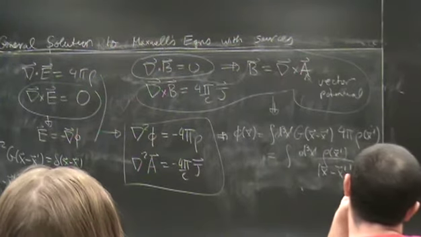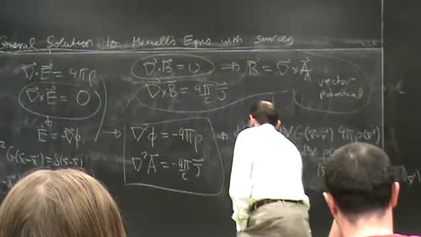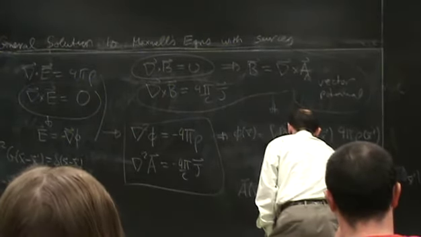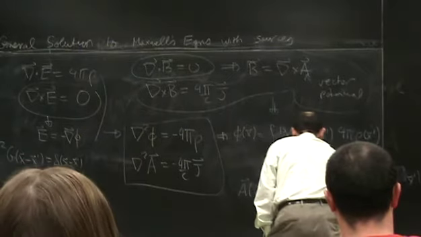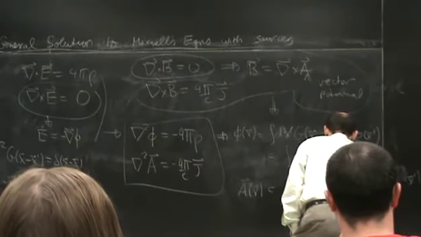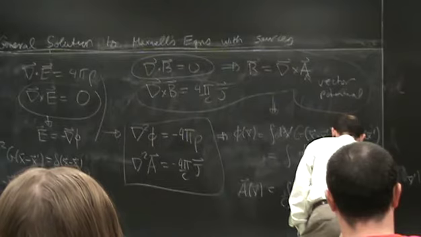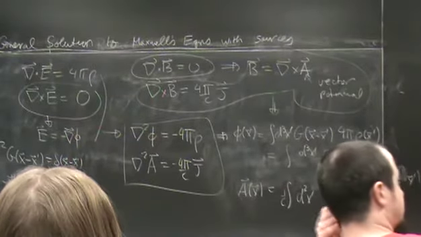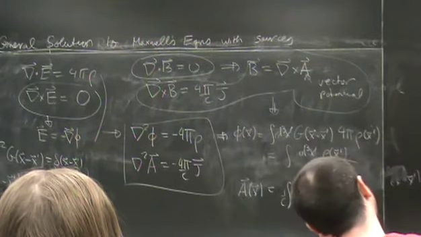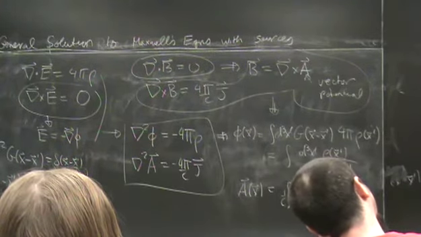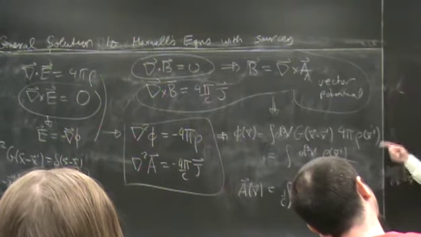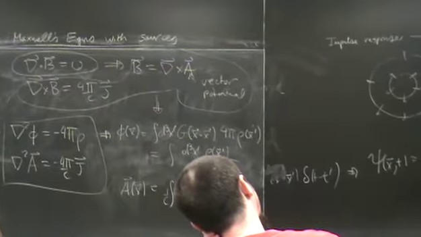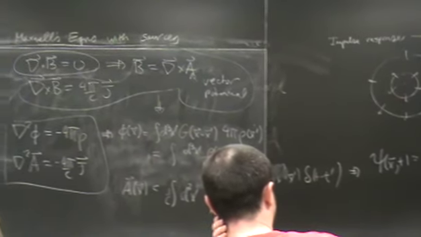And similarly, when you do that convolution for this choice of gauge, we have that solution for the vector potential. So that's the formal solution to Maxwell's equations in statics. And this is just another statement of Coulomb's law and the Biot-Savart law, written in terms of potential.